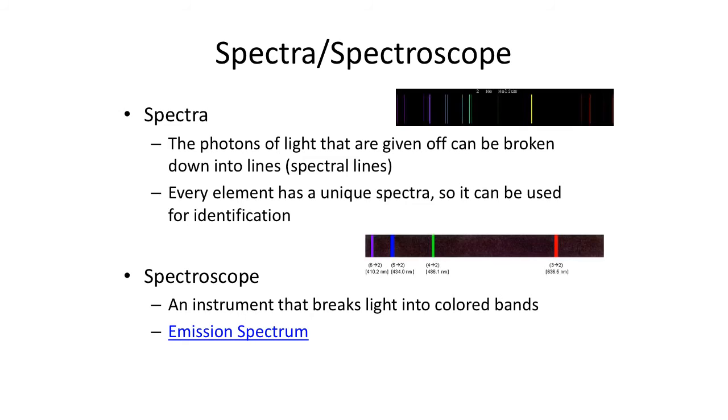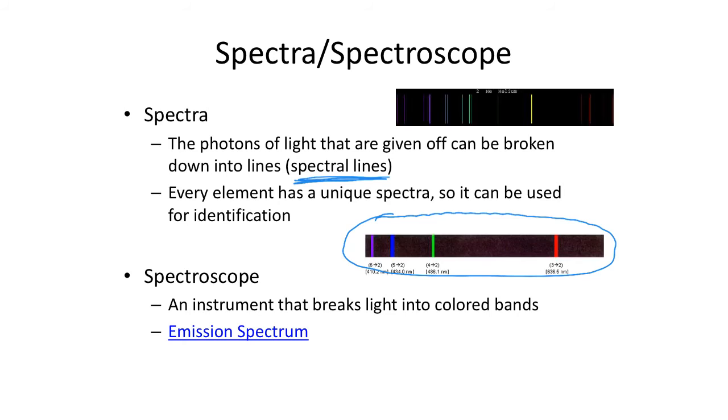Another thing that goes along with this is the spectra of an element. So you looked at these in earth science, so they should look somewhat familiar. So different elements are going to produce different spectra. So if we take a look at light with a spectroscope, it breaks it up into these different lines that are called spectral lines.